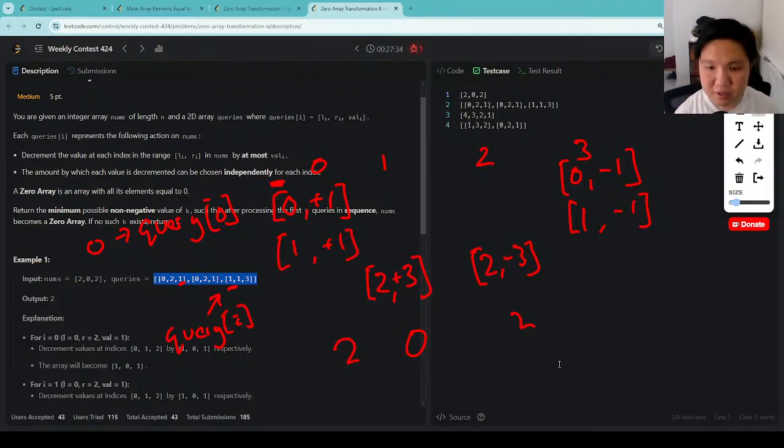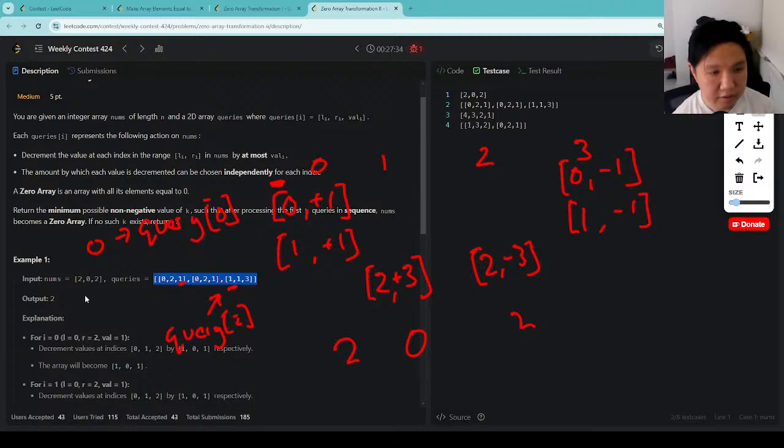Alright, let's print some stuff and see what's going on here. So 0, i equals 0, i equals 1.